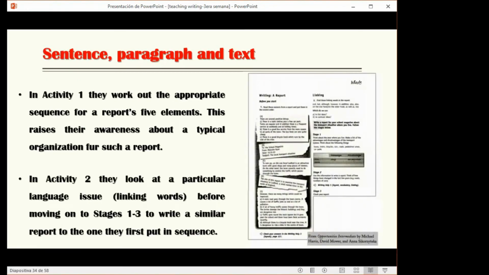In activity 2, they look at a particular language issue, linking words, before moving on to stages 1 to 3 to write a similar report to the one they first put in sequence. So notice, oh, I think the picture is not so clear, it's not so big, right? Just give me a second. I'm going to make it bigger.